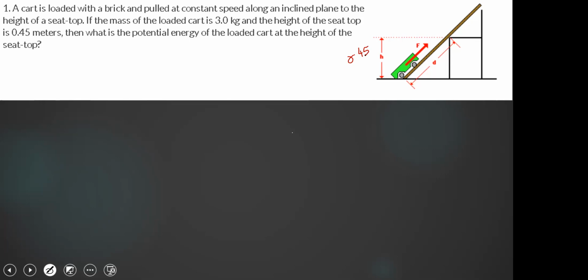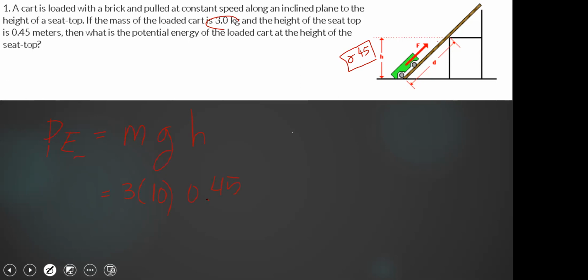For this one, I need to find the potential energy. The potential energy is mgh. M is the mass, they told me it's 3. G is 10. And the height, when it reaches the highest position, is the vertical distance, which is 0.45.